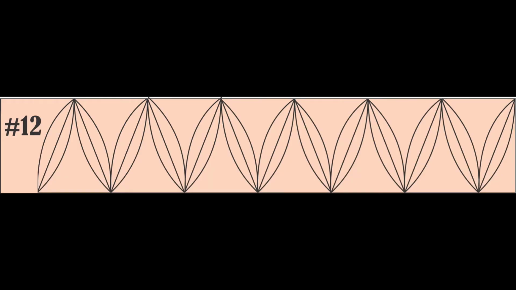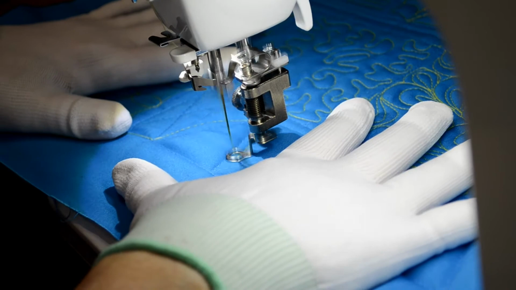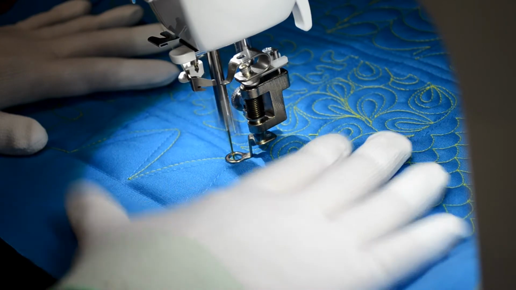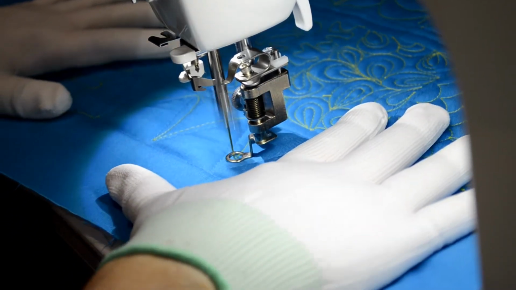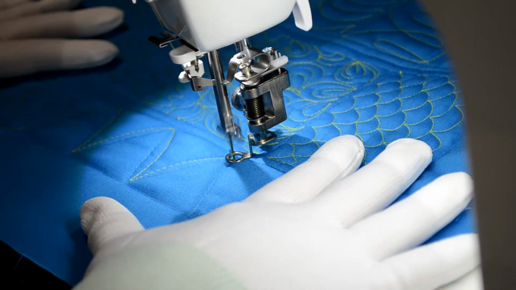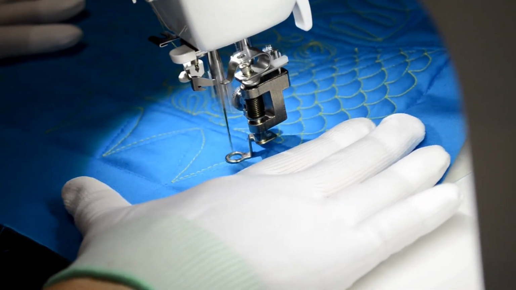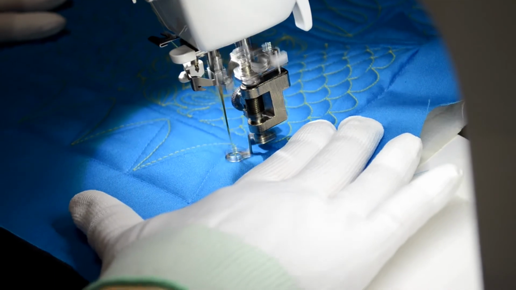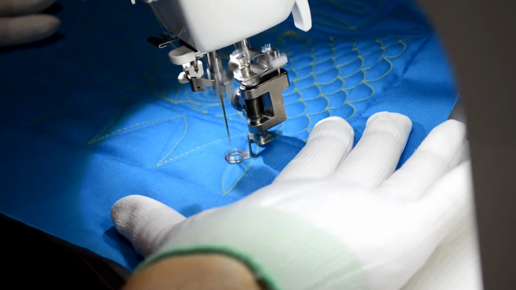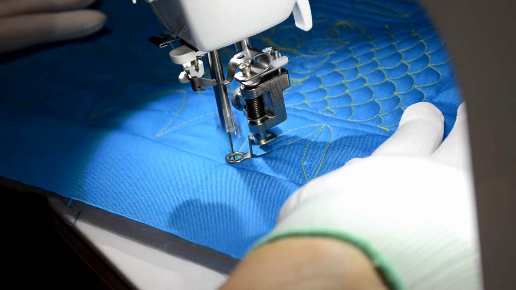Stitch 12. Shallow curves. Aim for the points. And we're just going to kind of do the top part right now. And when we get down to this part, we're going to do the same thing. I'm going to swing up and swing back down to the point.